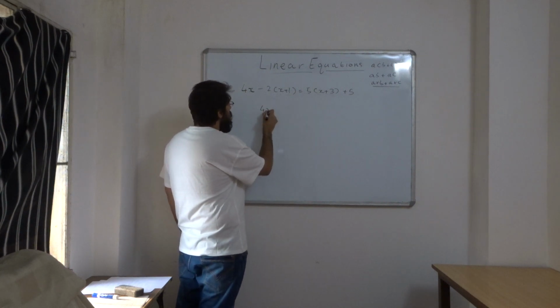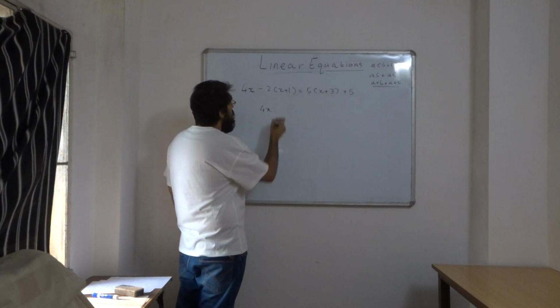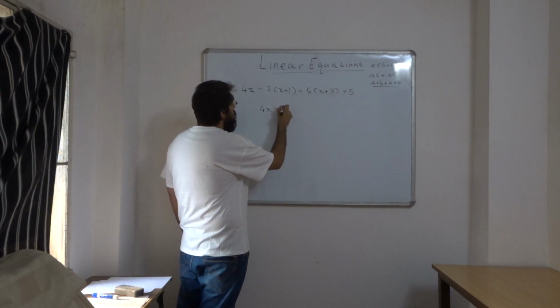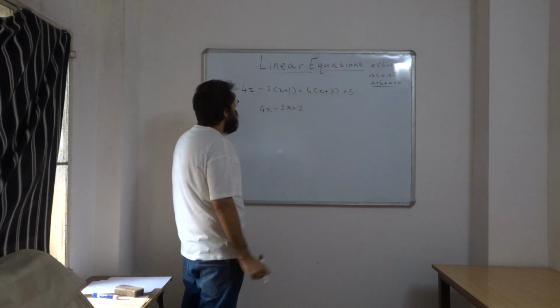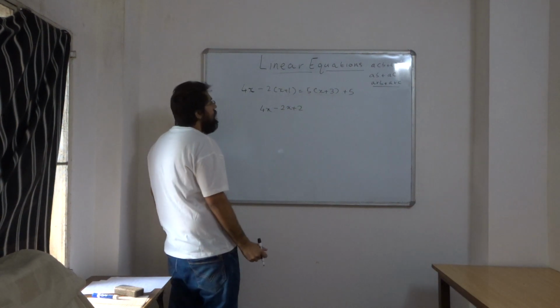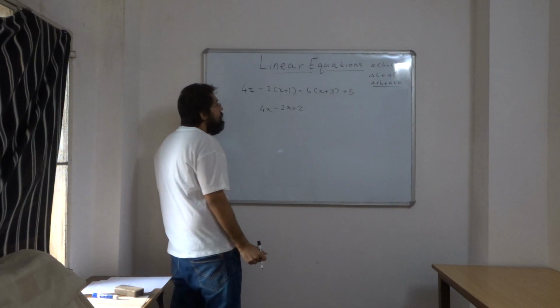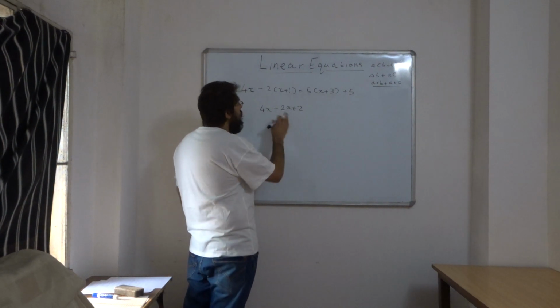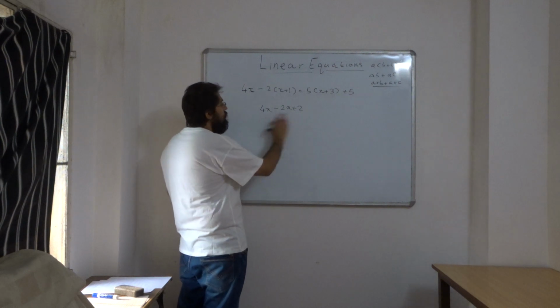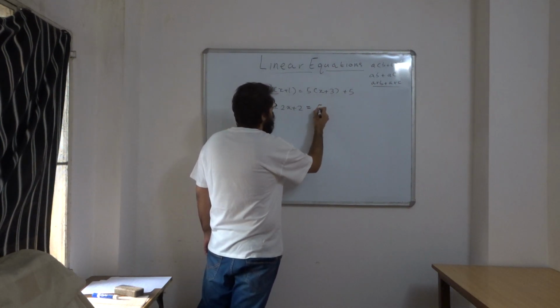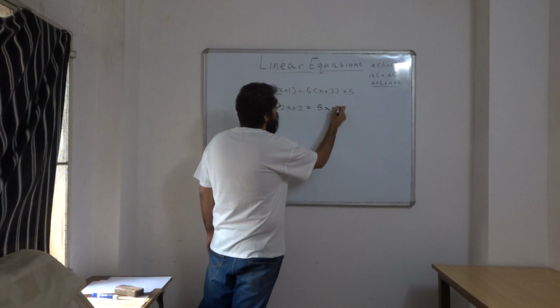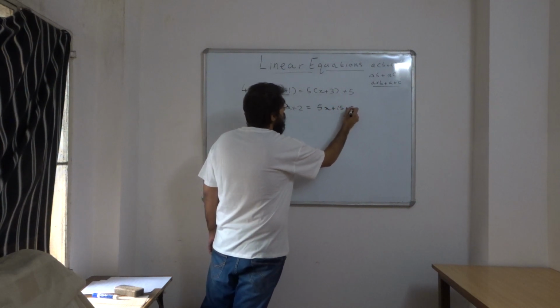So, okay, guys, you leave 4x as it is, and then you use the distributive law first. So you get 2x plus 2, because you practically do 2 times 1, plus 2 times x, which will obviously give you this, which equals 5x plus 15 plus 5.